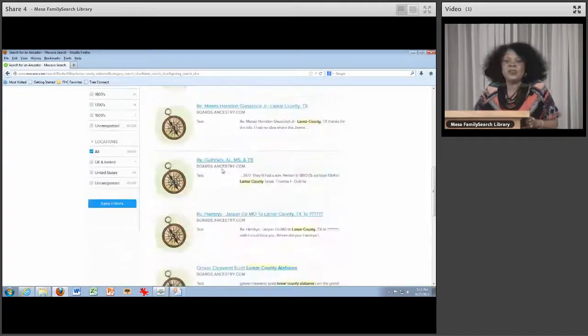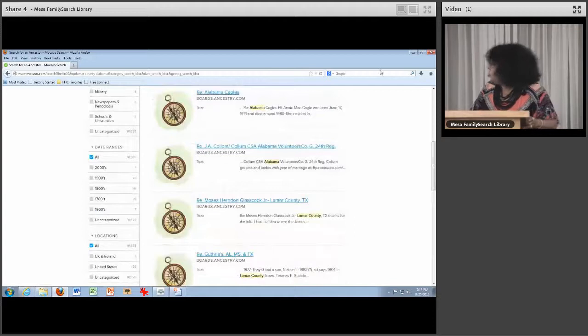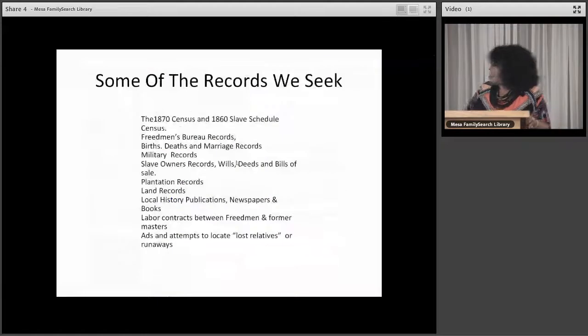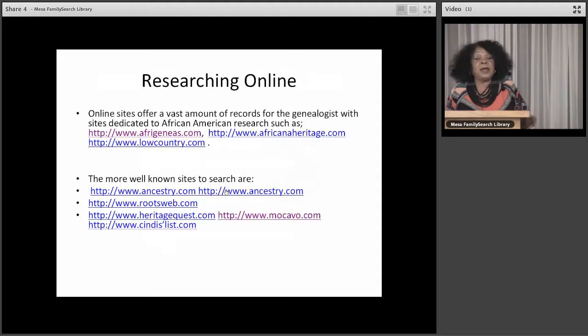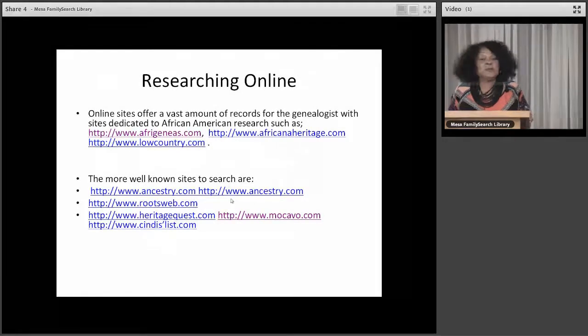I suggest that all of you, when you're looking for something, go to Google, put in the area that you want. Put in African-American genealogy, Yuma County, Arizona. It'll give you, if there is a genealogy society, it'll come up.